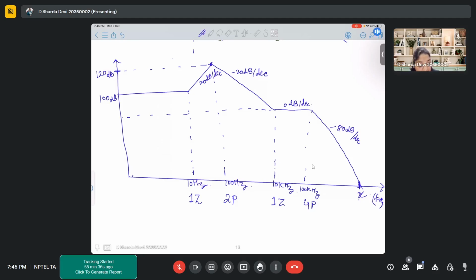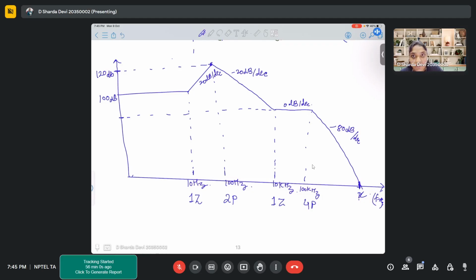So it is 1 decade from 100 to 1000. Another decade from 1000 to 10,000. So there are 2 decades of change. So 2 decades of change means your gain will reduce by how much? 40 dB, ma'am. 40 dB. So here earlier it was 120.